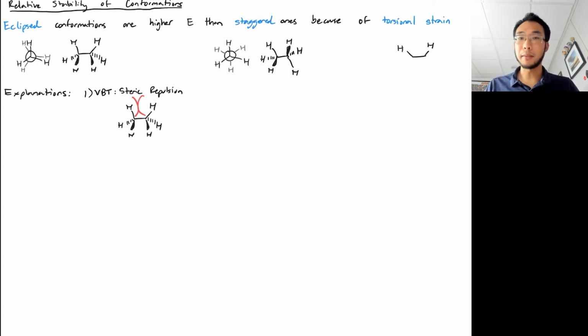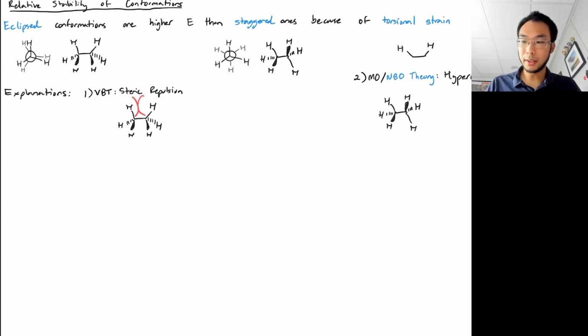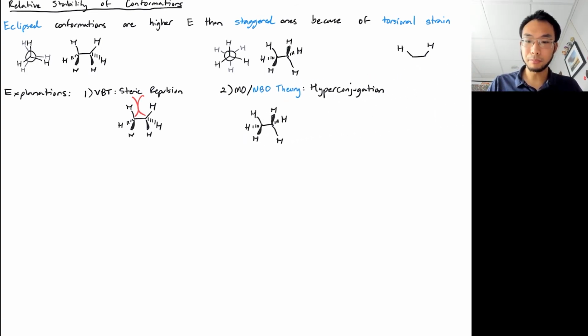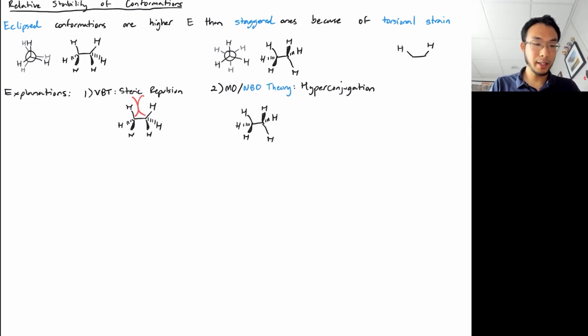The second and more accurate explanation is one that derives from molecular orbital theory and a different type of theory, which is called NBO theory. This stands for natural bond orbital theory. NBO theory is something we won't get into the math of, but it's intended to bridge the gap between valence bond theory and MO theory.